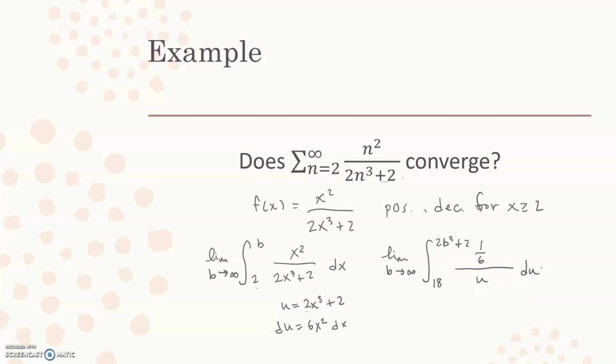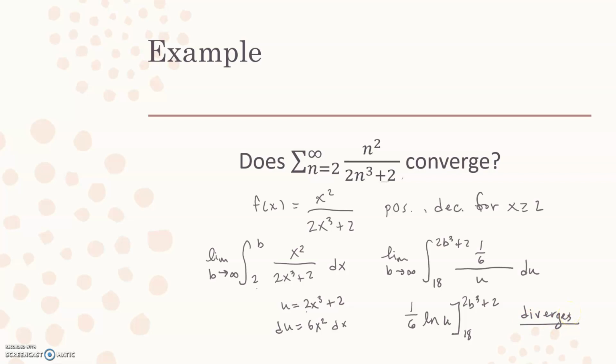And, oh, it looks like another natural log one. So we have 1/6 of natural log of u from 18 to 2b cubed plus 2. Well, 2b cubed plus 2 is going to go to infinity. Natural log of that would also go to infinity. So no, this does not converge. It diverges by the integral test.